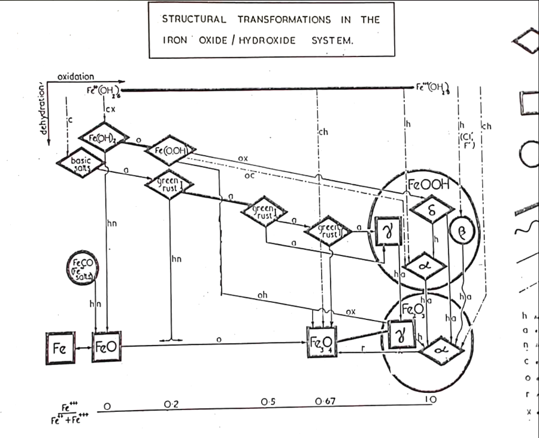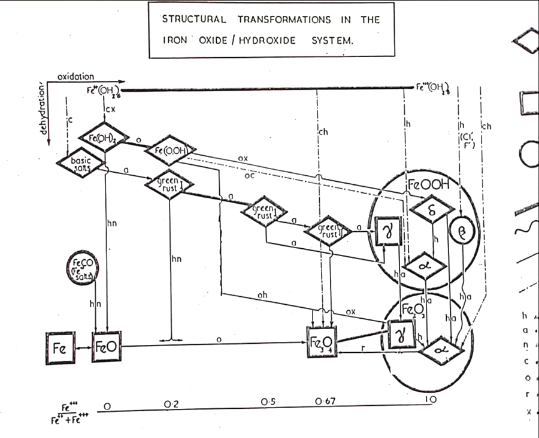So we've got our sort of reddy brown rust here, we've got black magnetite, and then we've got green rust over at the more iron 2 end of the process.